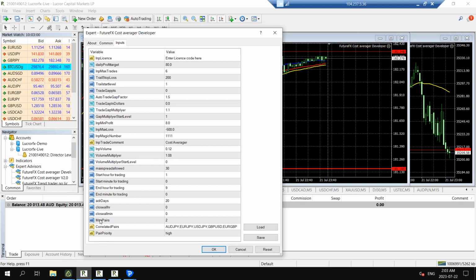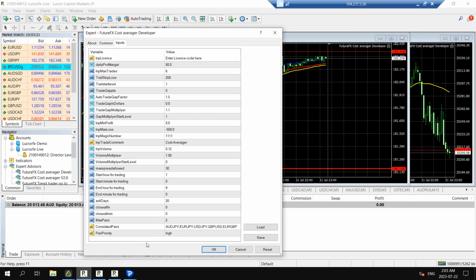But then it's got the max pairs filter and the correlated pairs filter to stop you trading on all 8 or 10 pairs at once, say you're not trading on more than two pairs, and to stop you trading on too many pairs at once that are closely correlated.